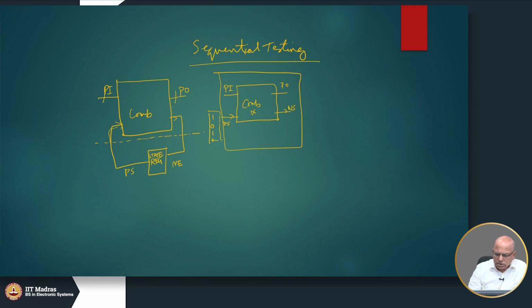I cannot reset the machine to an arbitrary state like that. Okay. I can set it to the all 0 state if I want. Okay. So, usually flip flops have a set and a reset. And usually all the sets are connected together and all the resets are connected together.